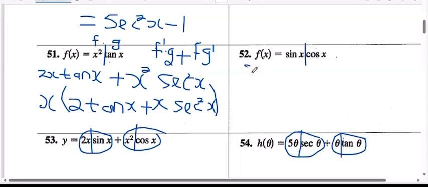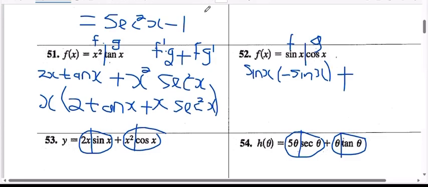Sin x, differentiating cos x is negative sin x. Plus, don't forget here too, this is f and this is g, so f prime.